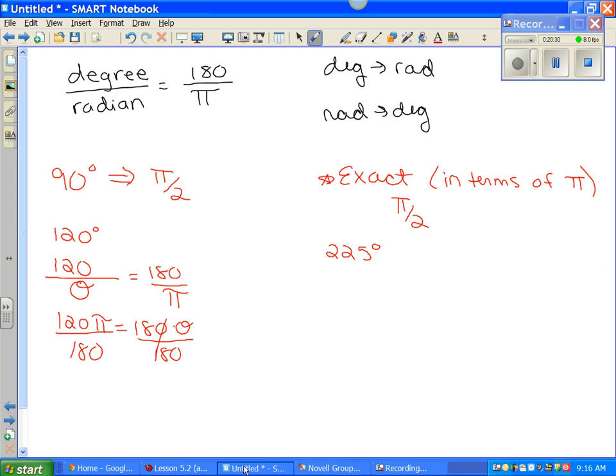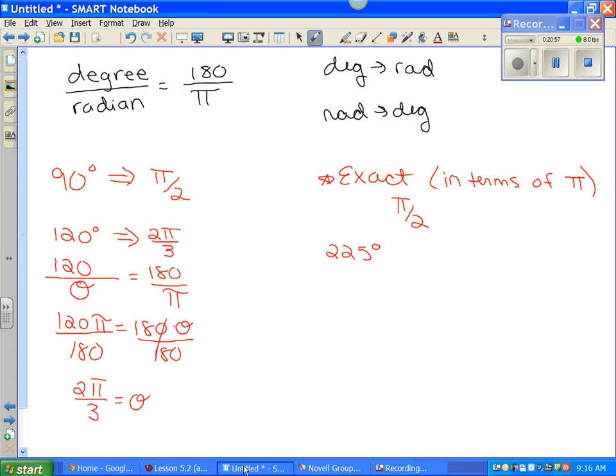So I want to reduce 120 over 180 because I want to keep my pi. We want it in exact terms. So 120 divided by 180 reduces to what? 2/3. So this is 2 pi over 3. All right, so 120 degrees is 2 pi over 3 radians. Okay, so it's just cross multiplication and then simplifying.